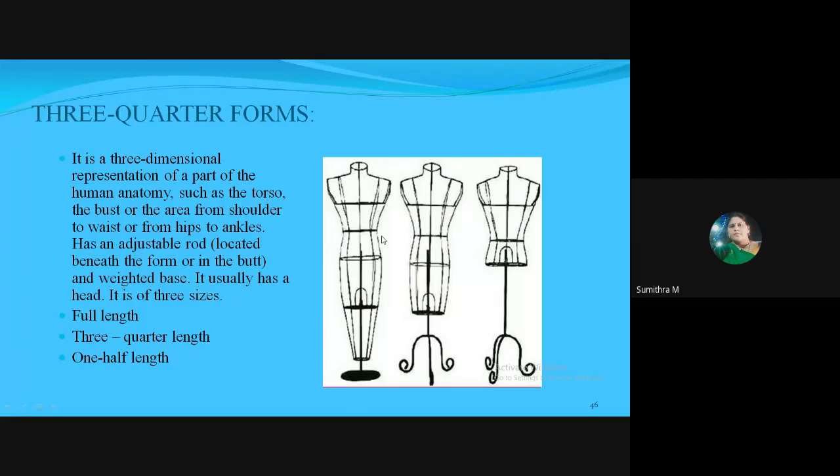This is a full view, and this is also used in a display. This one is in three-quarter length, and this one is a half. Above this you can place the garment and keep it in a window for displaying.